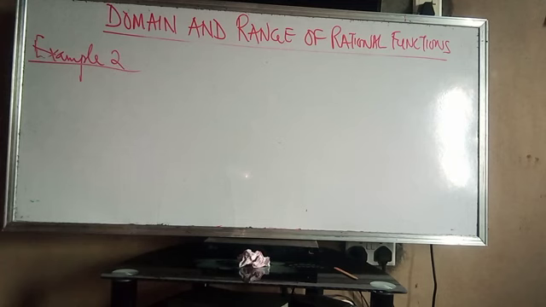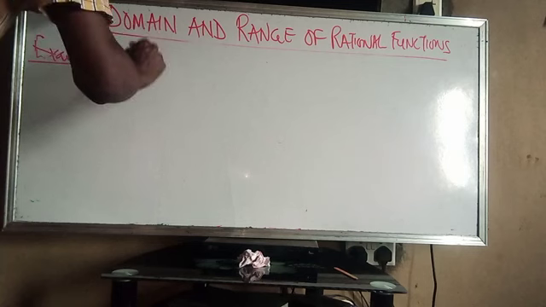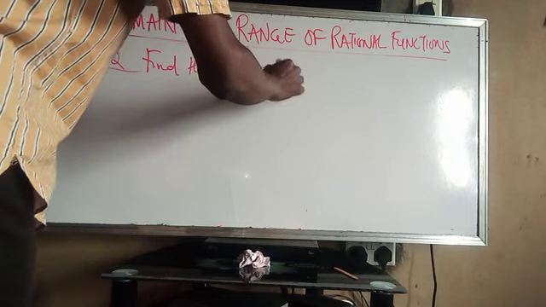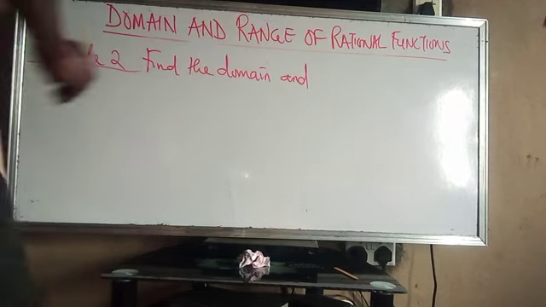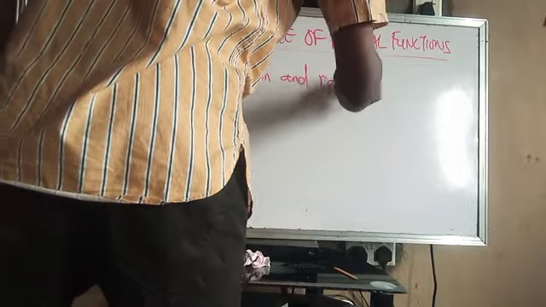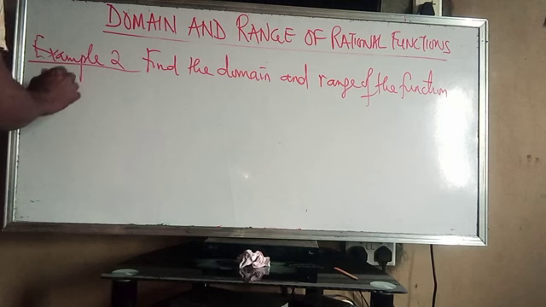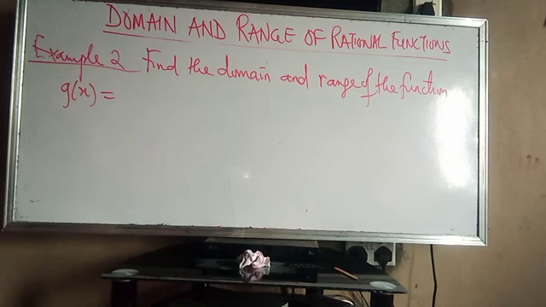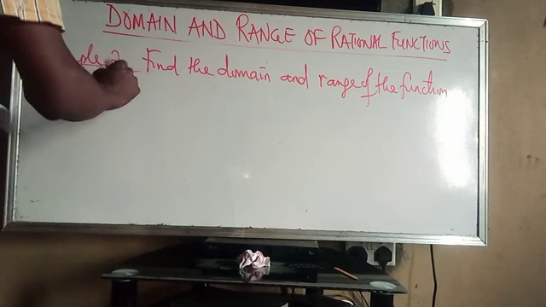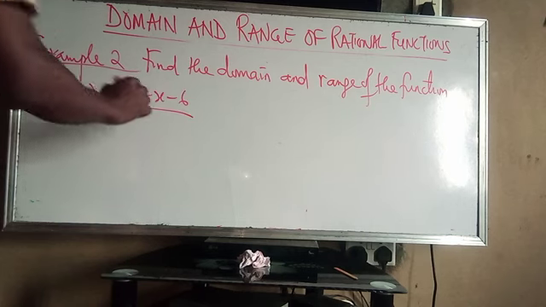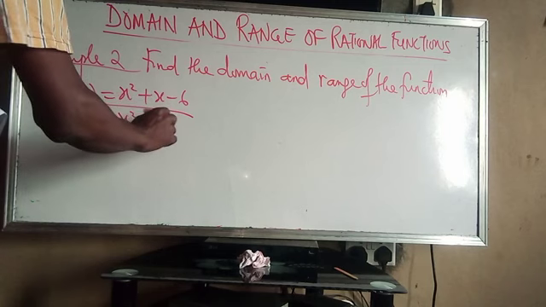Example 2. Find the domain and range of the function g of x is equal to x squared plus x minus 6 all over x squared plus x minus 2.